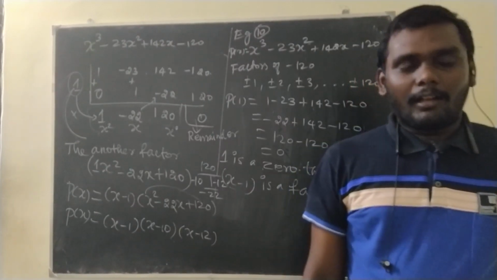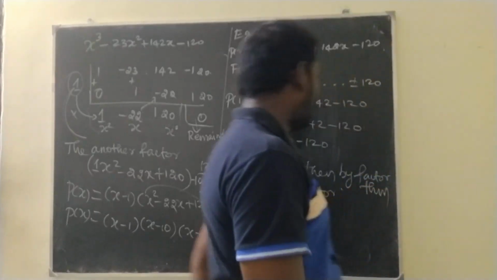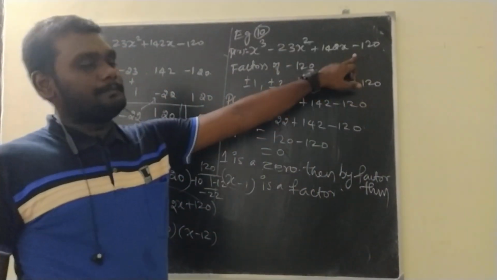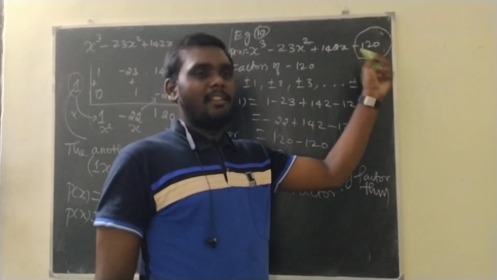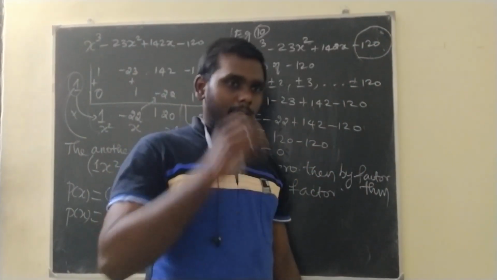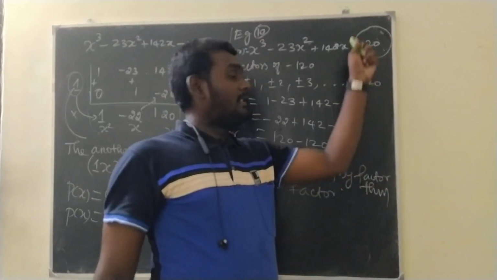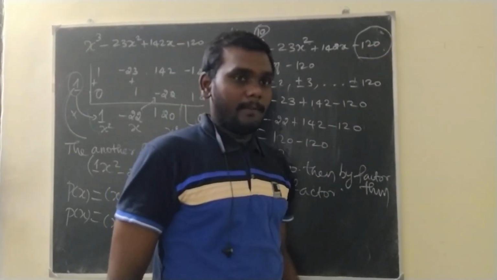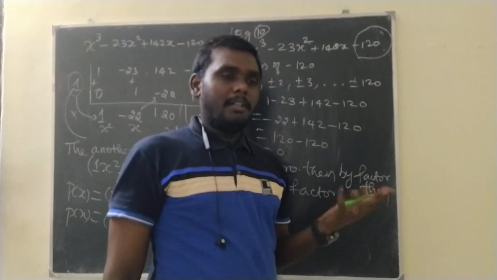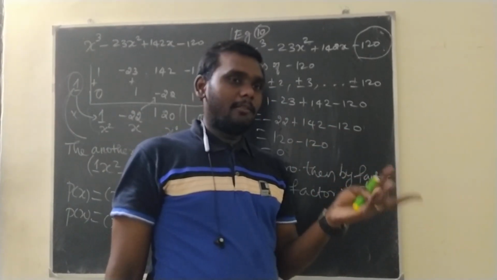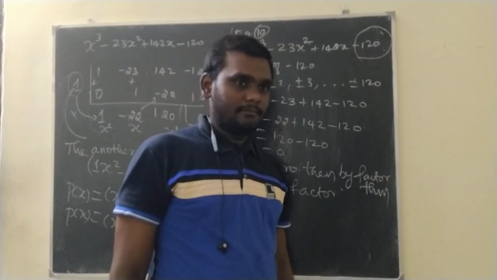That is the trial and error method. Likewise, here we list the factors of 120, the constant term, and substitute them, but for our good luck, either plus or minus 1 or plus or minus 2 will come as the answer.